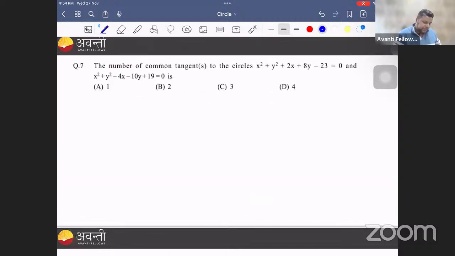Yes. Number of common tangents to circle this and this. Now see, if you remember, I have told you the number of common tangents is distinct in each case.